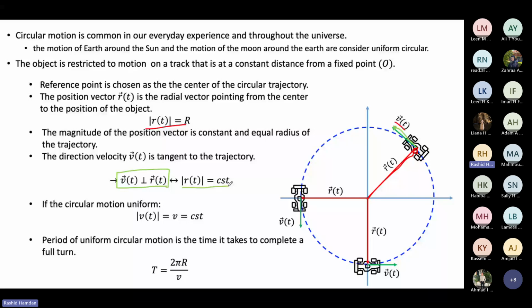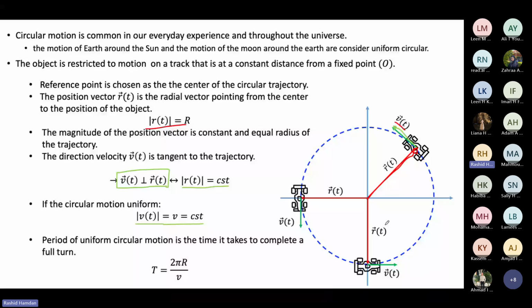Now, if the motion is uniform circular, then also the magnitude of v has to be constant. In this case, I can define the period of rotation, and the period is the time it takes to complete a full turn. It is basically the perimeter of the circle over the speed.